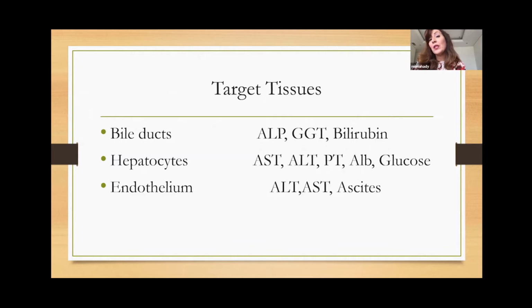Whereas if hepatocyte necrosis is the predominant feature, there is mainly elevation of the transaminases and impairment of the synthetic function of the liver: coagulopathy, low albumin, and hypoglycemia. Endothelial damage will be manifested with a slight rise in transaminases, but also fluid overload, ascites, etc.